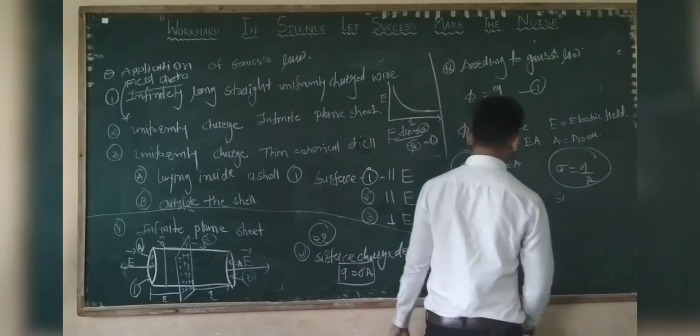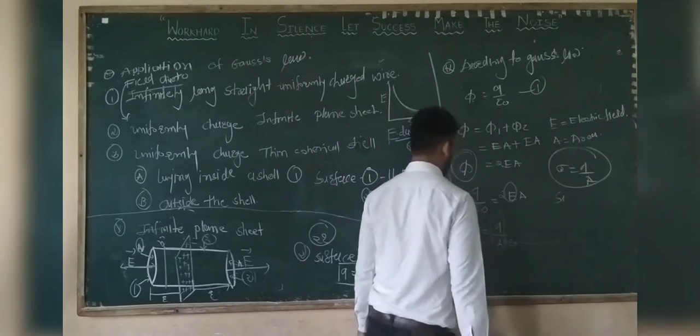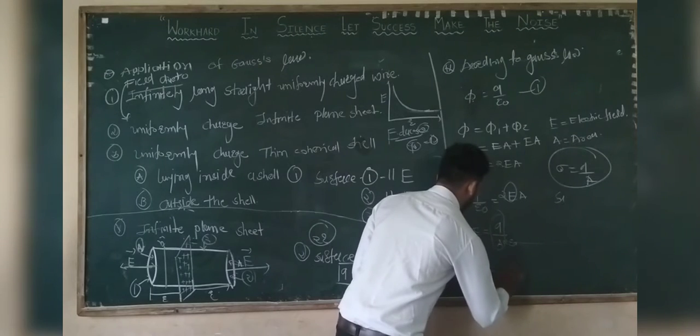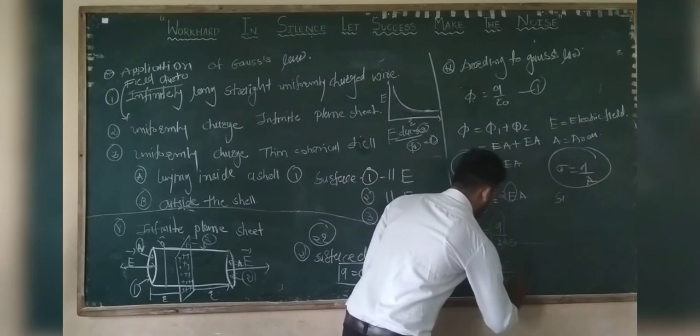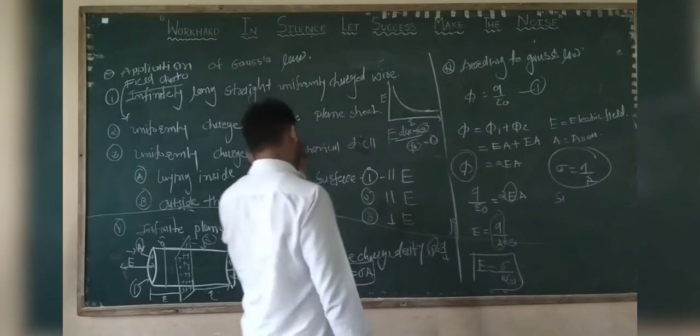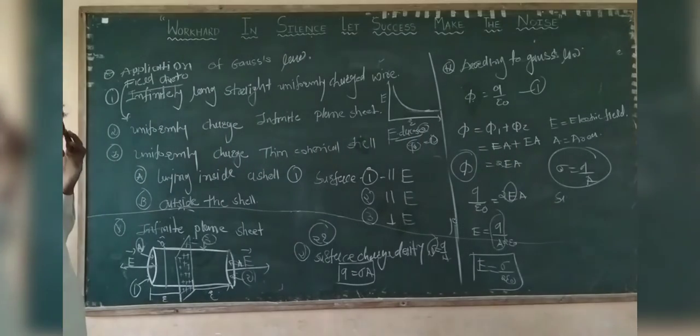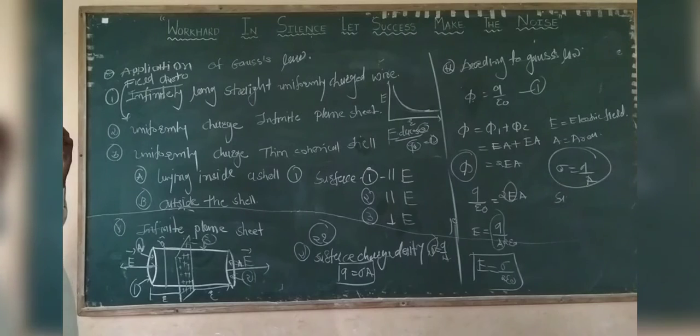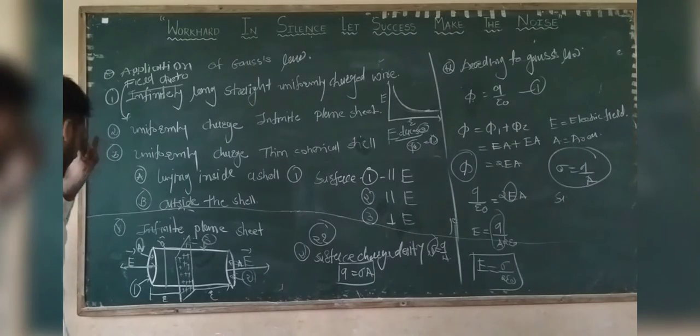So E is equals to sigma upon 2 epsilon 0. It is our electric field due to the uniformly charged infinite plane sheet.